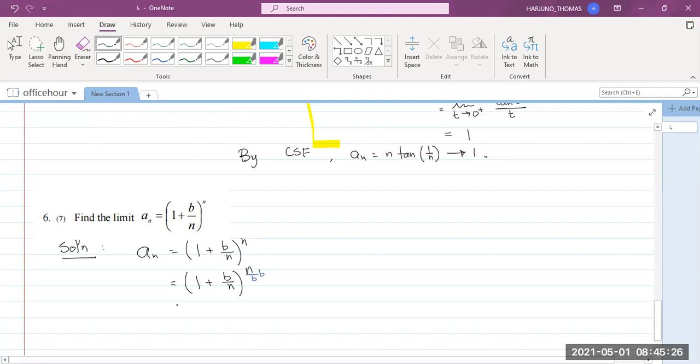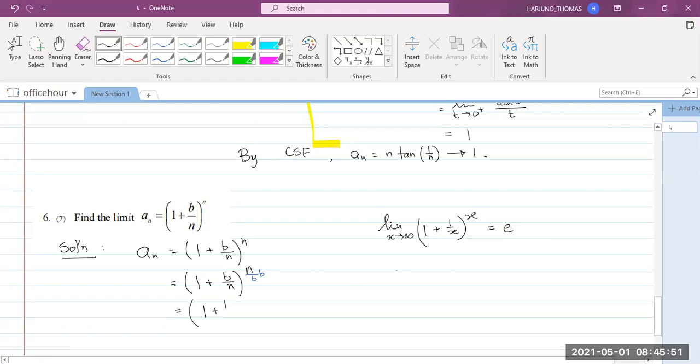Why? Because you see that 1 plus 1 over x to the x, if x goes to infinity, equals e. That's one of the definitions, by the way.